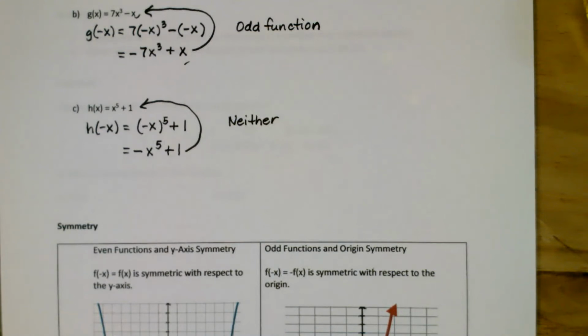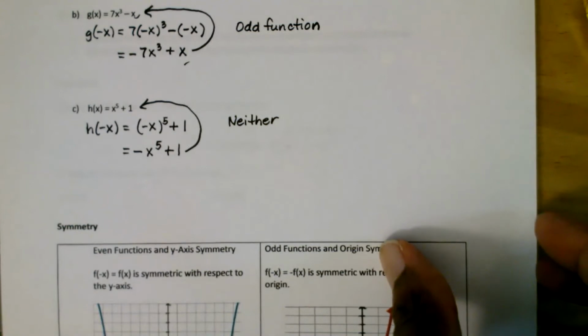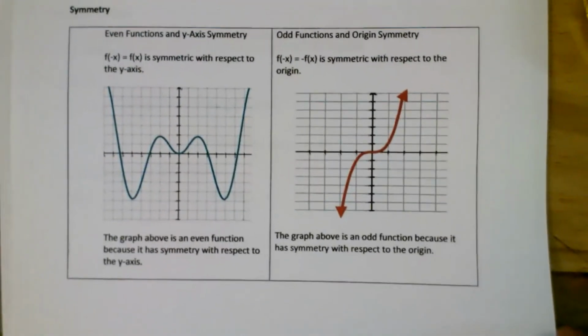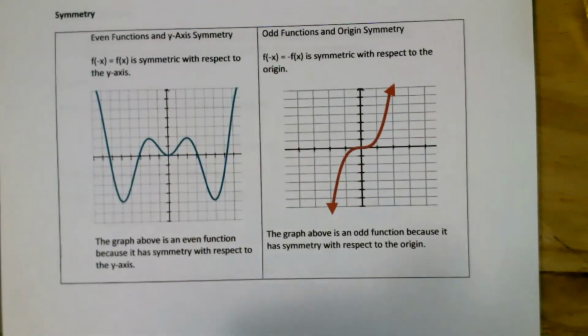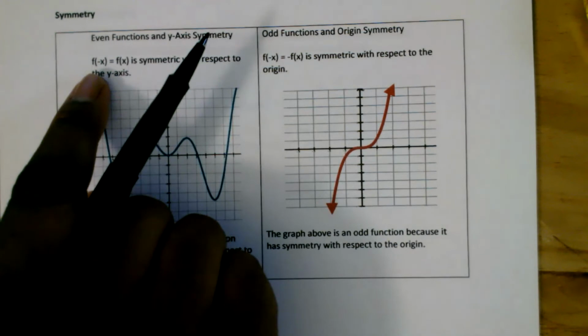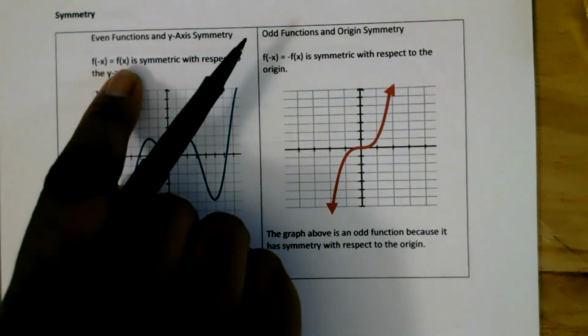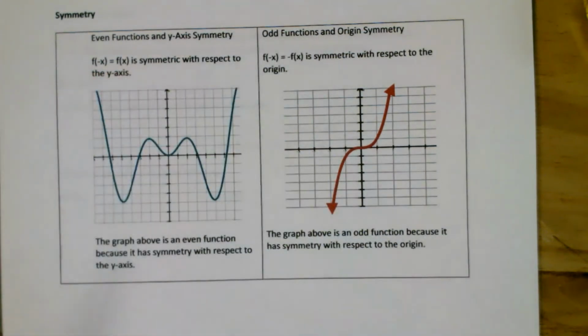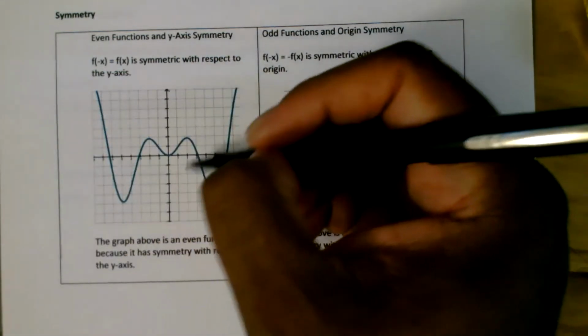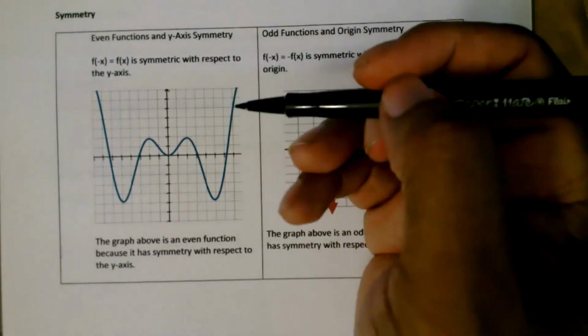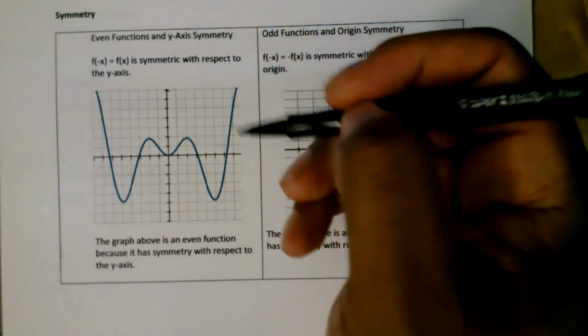All right, now let's briefly talk about symmetry. First, for even functions and y-axis symmetry. If our f of negative x comes out to be the original function, it's going to be symmetric with respect to the y-axis. So this graph that you see here is symmetric with respect to the y-axis.